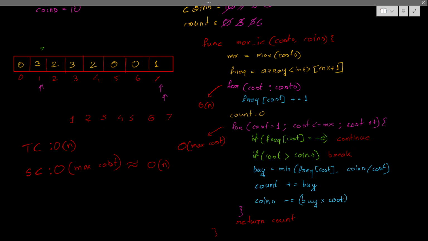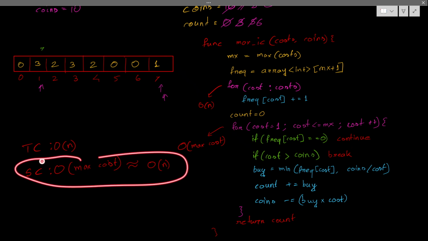At the worst case each unique cost appears only once. In that case the space complexity will be big O of n.